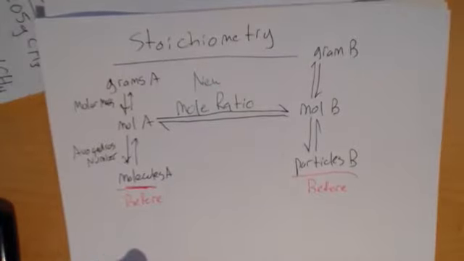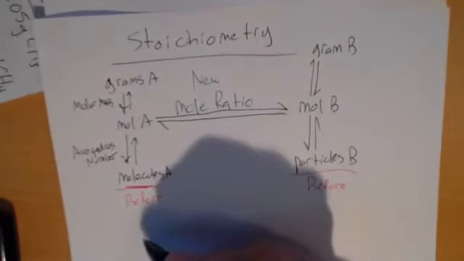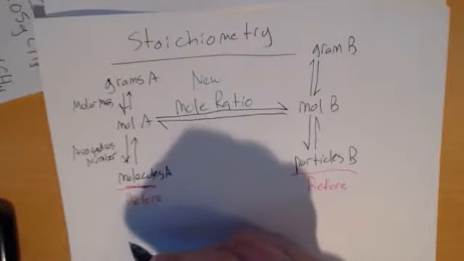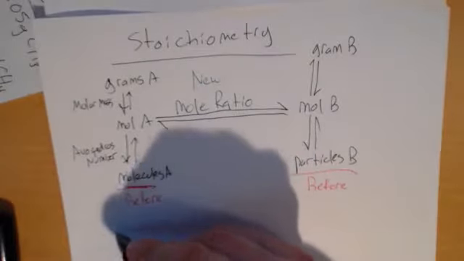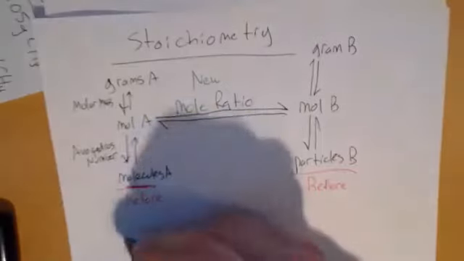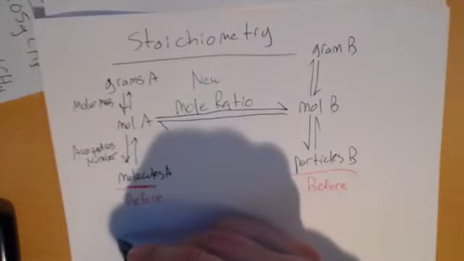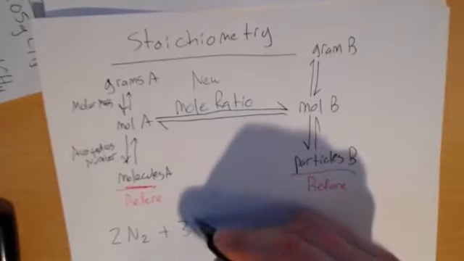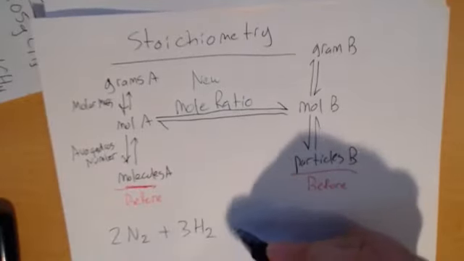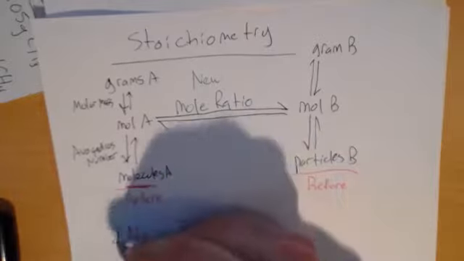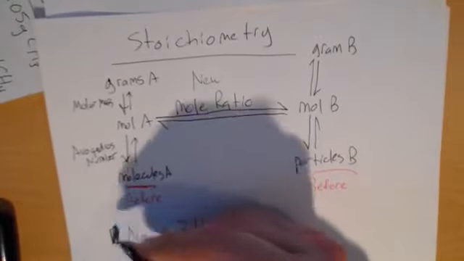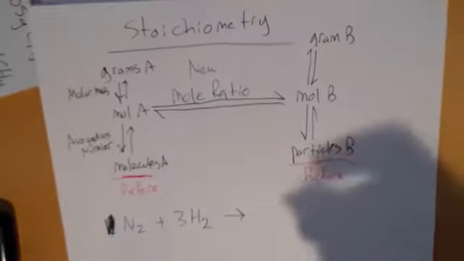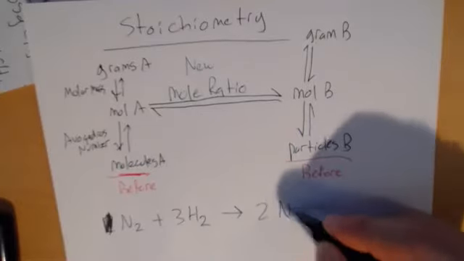Let's use an example. It's 1 nitrogen plus 3 hydrogen goes to 2 ammonia.